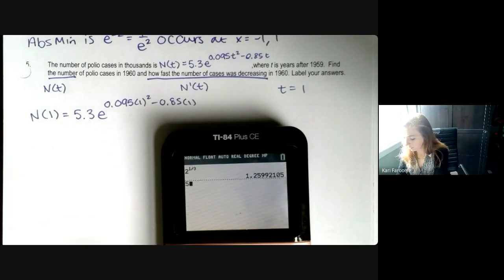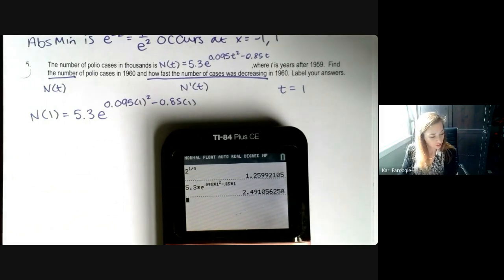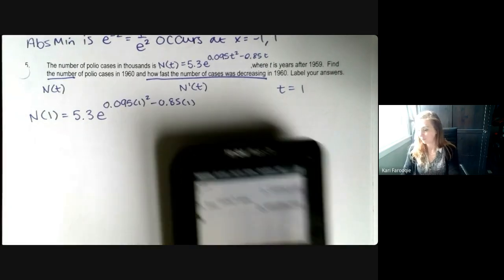So let's see, 5.3 times e to the 0.095 times, you don't really need 1 squared, but that's fine, minus 0.85 times 1. You should get 2.491-ish.